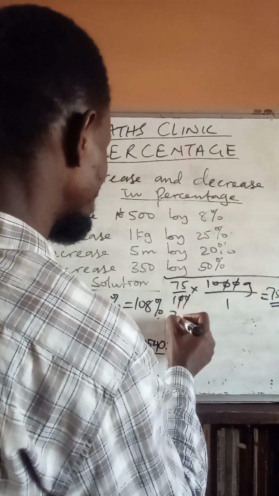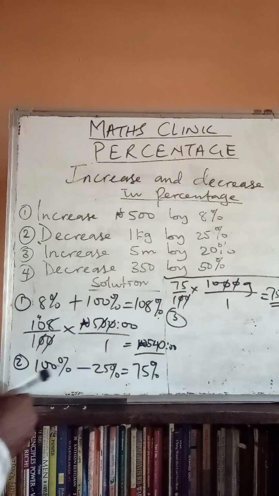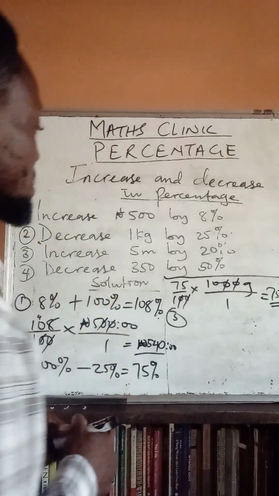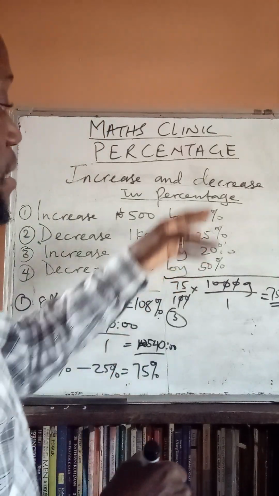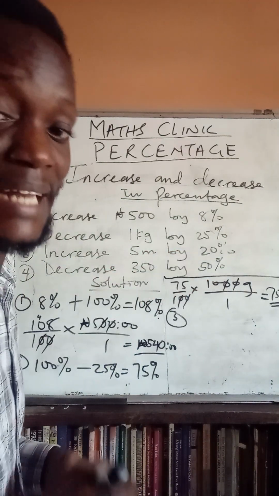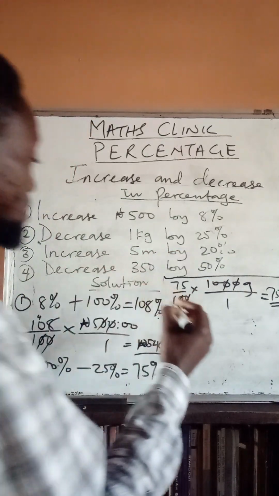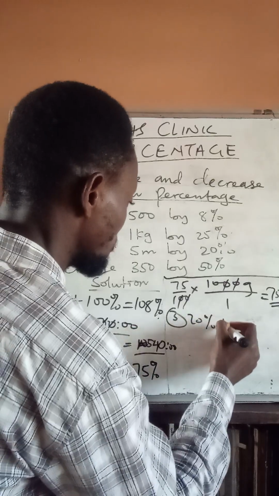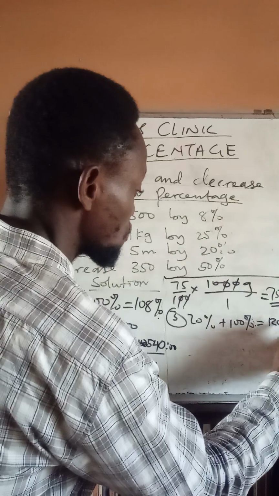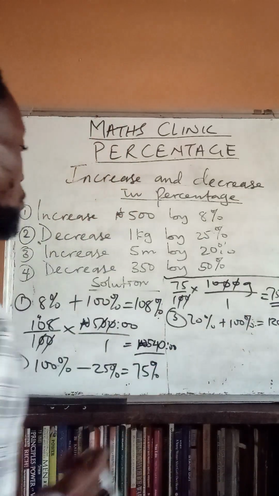And number 3. Number 3 says increase 5 meters by 20%. 20% will be added to 100%, and that will give us 120%. So we work with 120%.